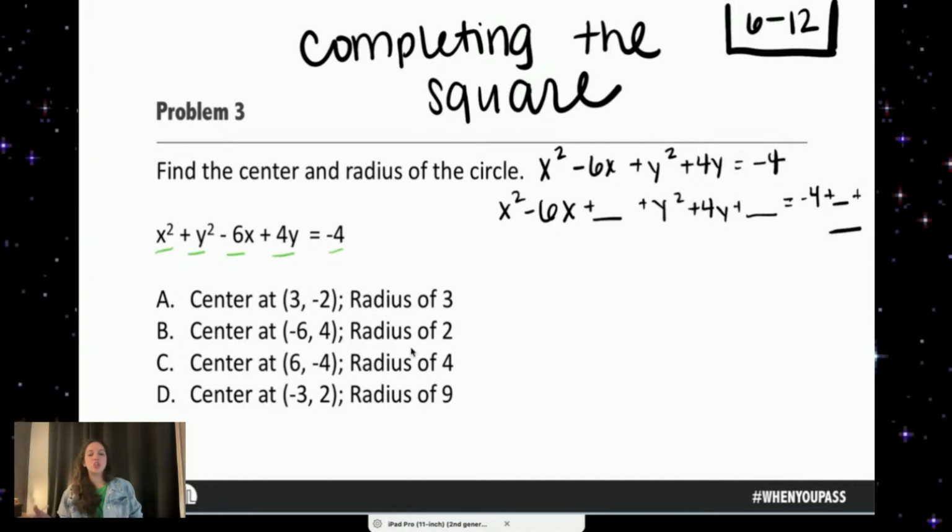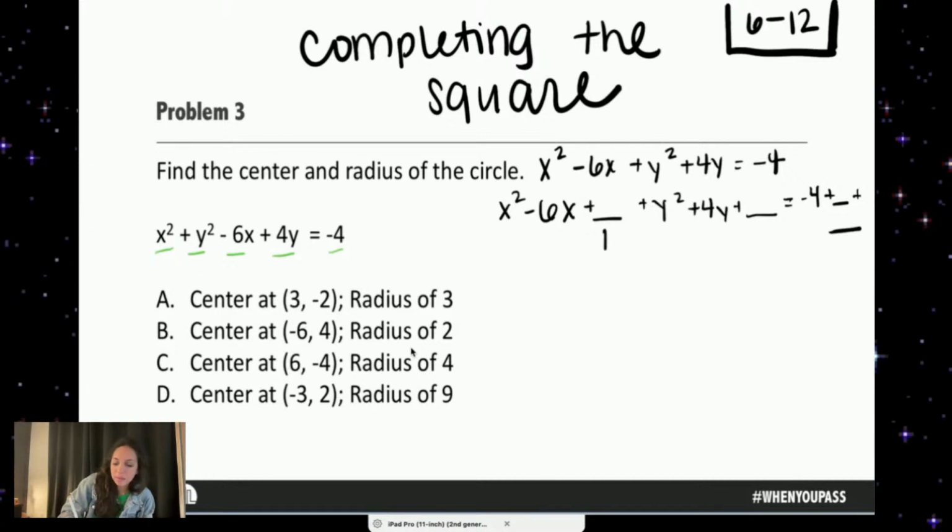Why did I just do plus blank on the right? Now, elementary people, if you went through 6th grade, you should at least know the answer to that question. Whatever I do to one side of my equation, I have to do to the other side of my equation.